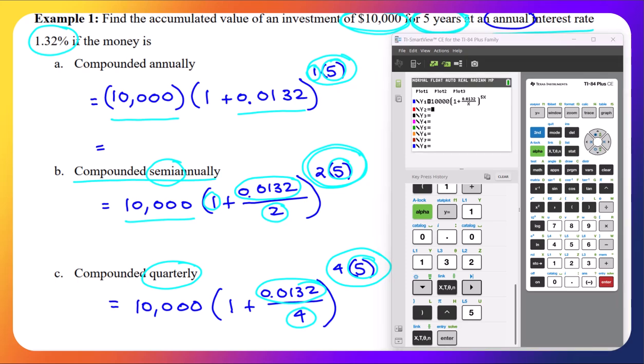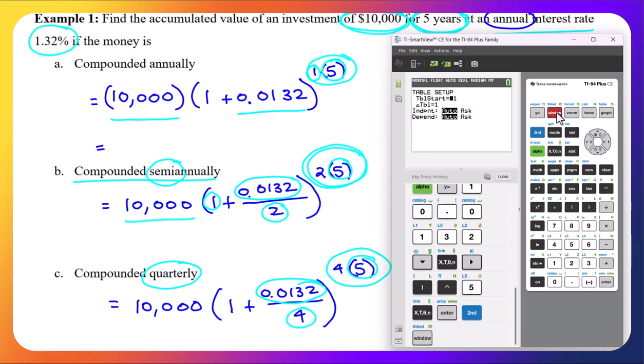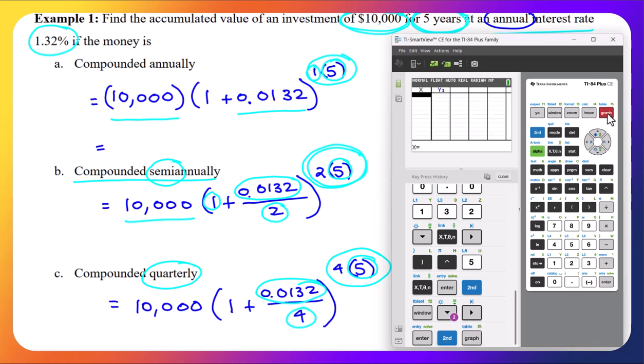Now to use this formula, I'm going to do second and window, which is table setup, and I'm going to go down to ask for the x value. So I go down there, go to ask, press enter, and I want the answer or the dependent variable to be automatic. All right? Then I go to second and graph, which is table. But since I did second, it's not the graph, it's the table.